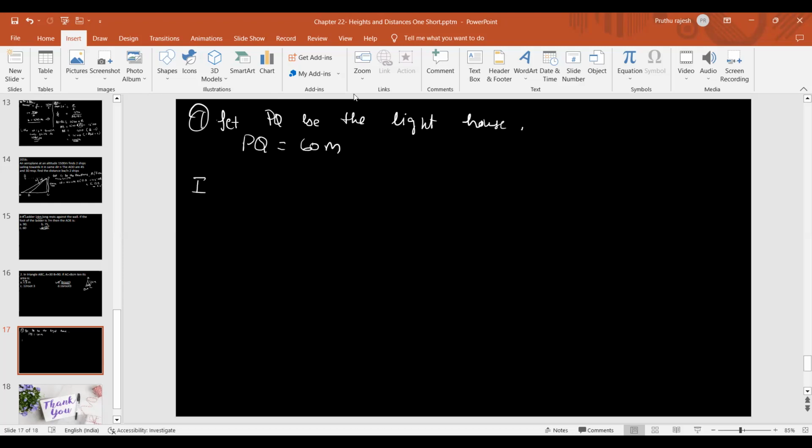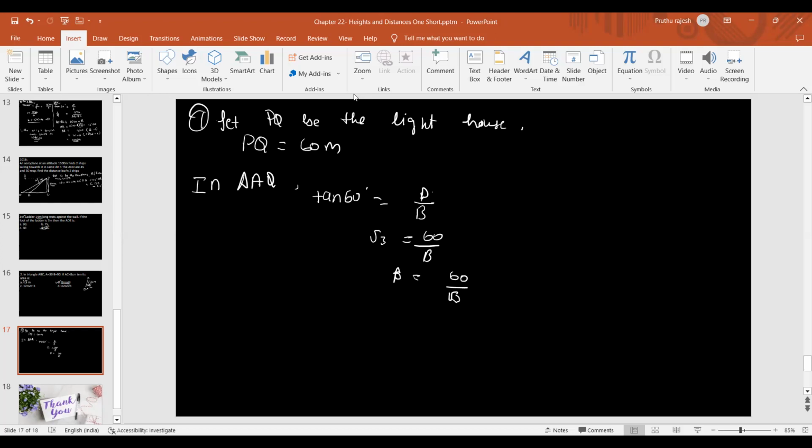Now we have to consider triangle PAQ, and we have to use tan 60 equal to perpendicular by base. Root 3 equals 60 divided by base, so base equals 60 divided by root 3.